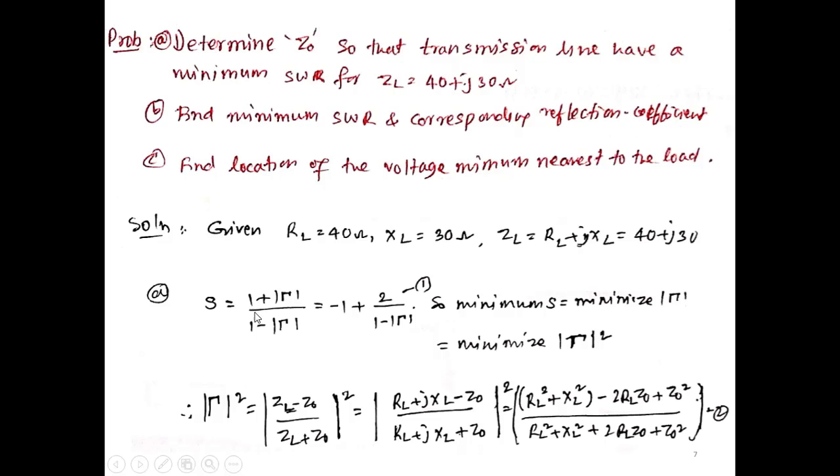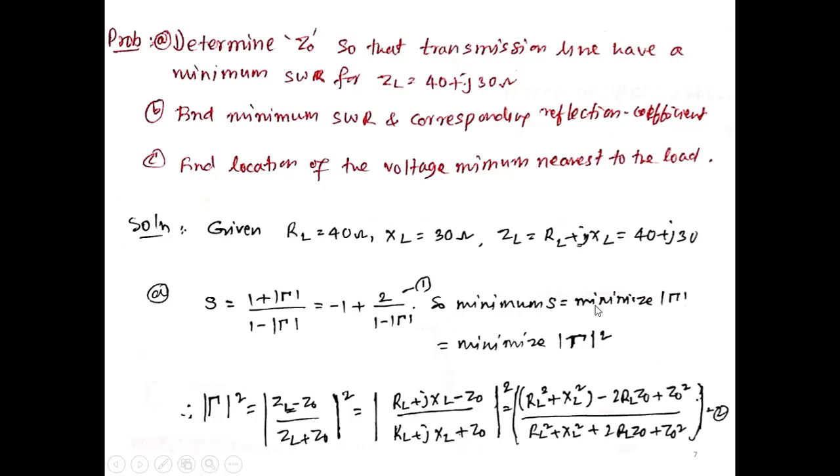We know that S is equal to 1 plus magnitude of gamma divided by 1 minus magnitude of gamma. This is the reflection coefficient. Then if we add plus 1 on both sides, if you simplify we will get minus 1 plus 2 whole divided by 1 minus magnitude of gamma.